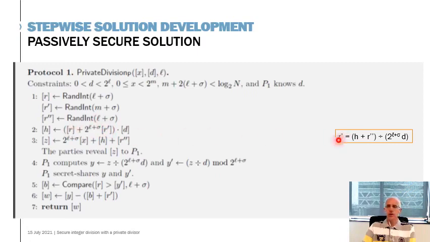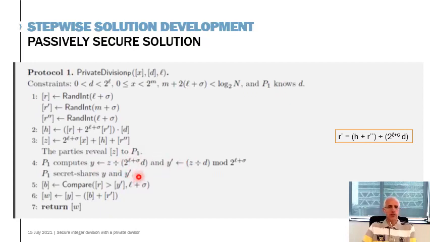So if you think about it, then you see that R prime is our random secret number divided by the shifted D. That means that it's safe to reveal Z to P1. We let P1 compute the Y and the Y prime as this.